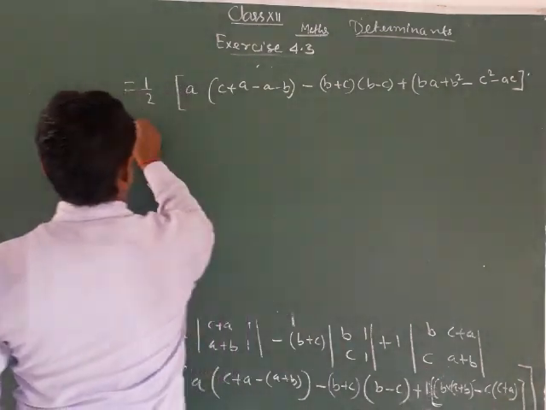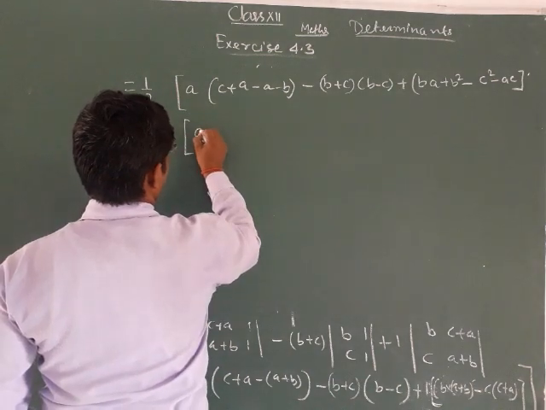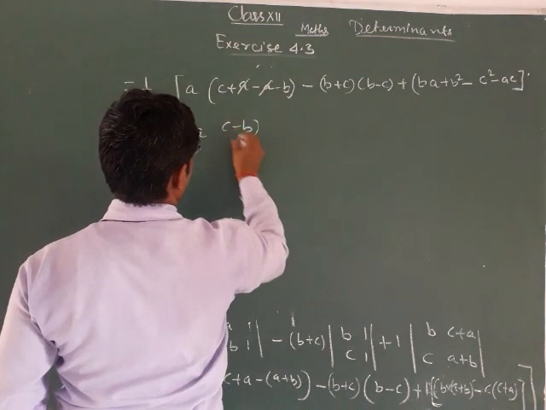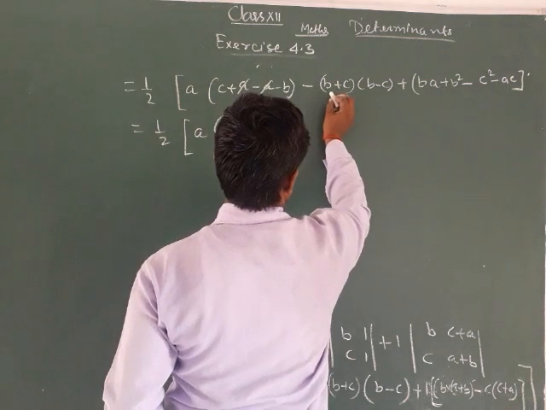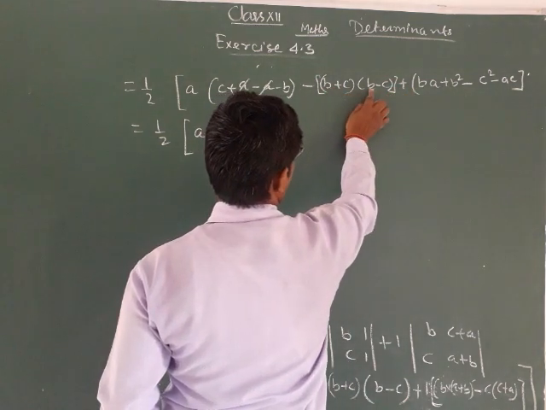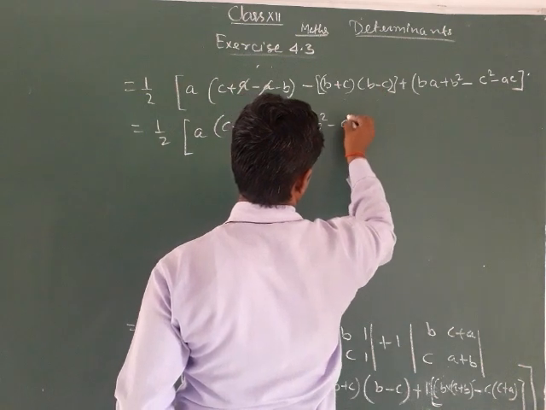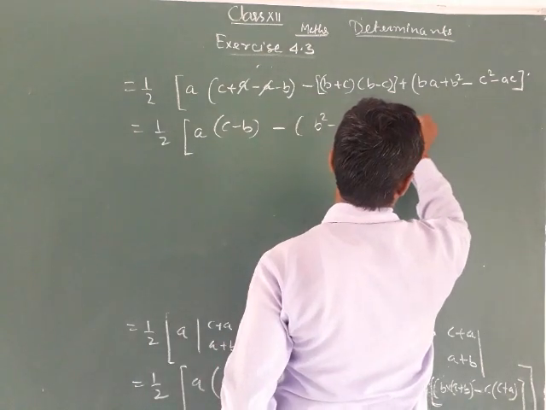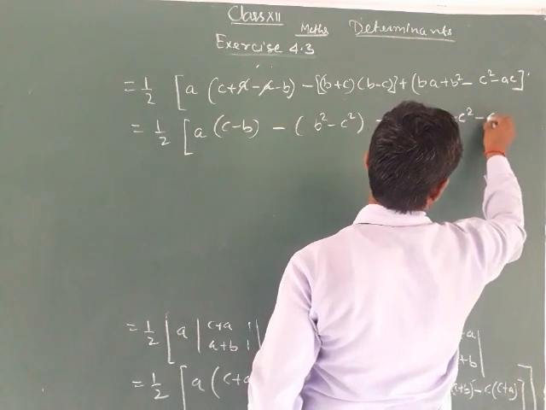So now solve it: 1 by 2 times A(C minus B), and using the identity, B square minus C square, and plus AB plus B square minus C square minus AC.